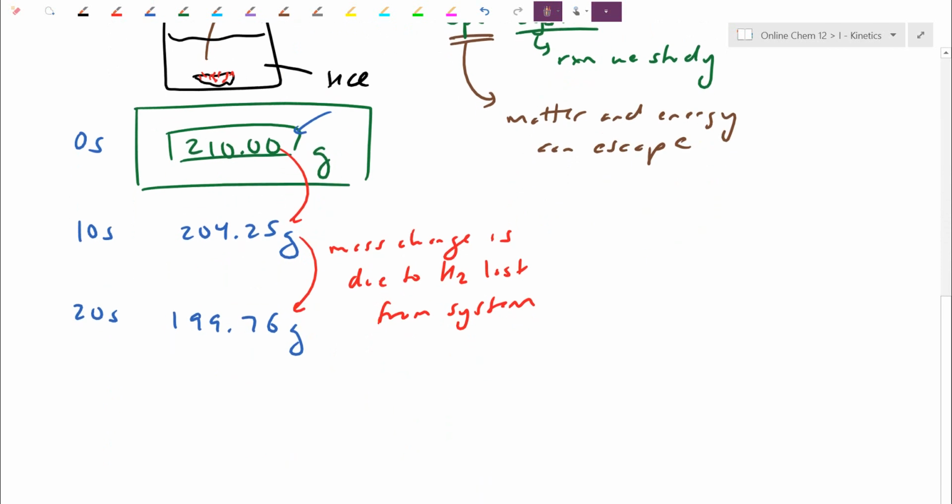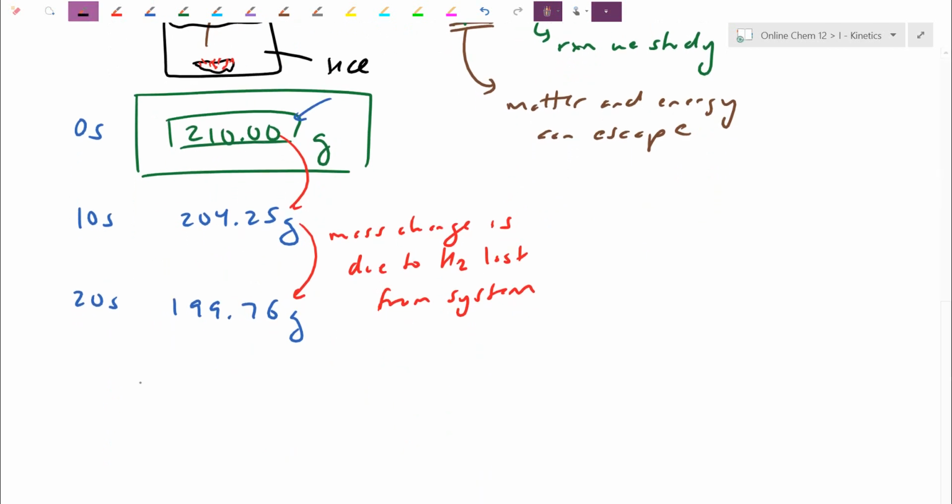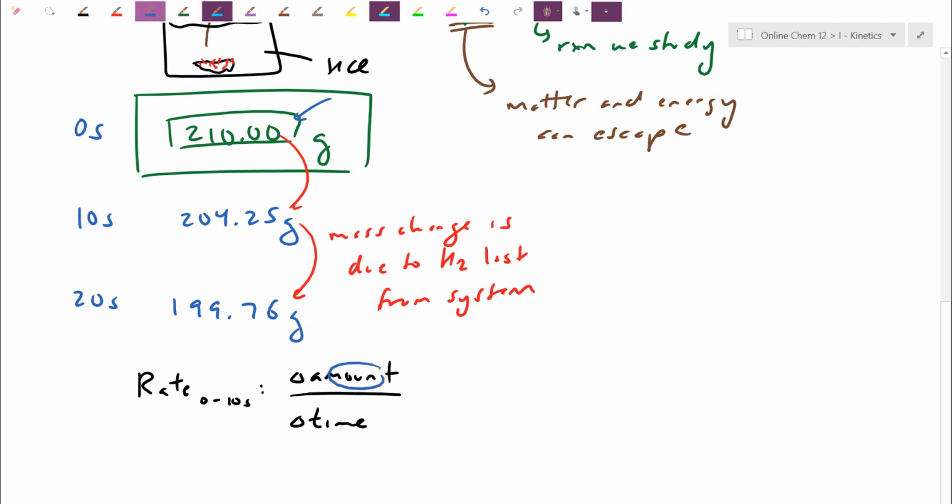So let's actually calculate. Let's say I'm interested in the rate between 0 and 10 seconds. From what I've told you so far, a rate has to be a change in amount, where you're measuring some physical property, versus a change in time. This time, our change in amount is just a mass change, and specifically, this is the mass of hydrogen.